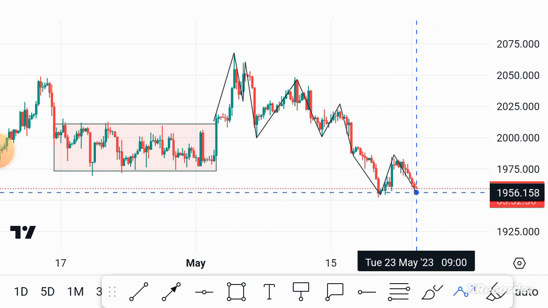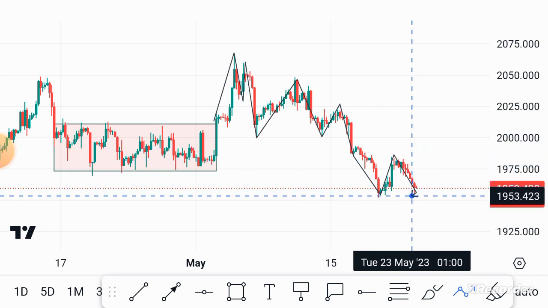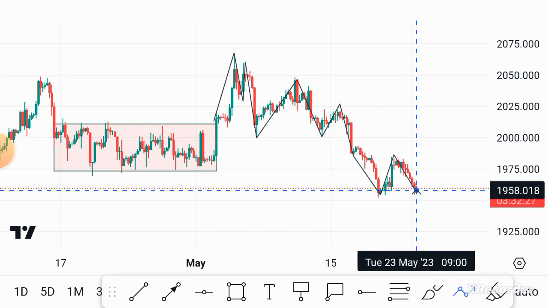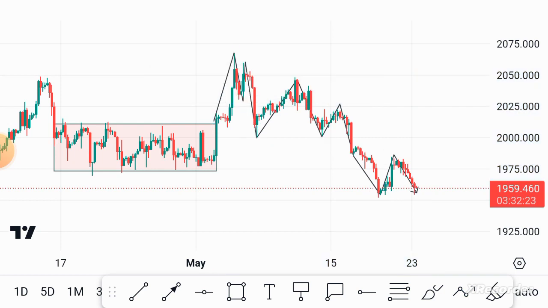So this is a typical example of how a trending market looks like. And like I usually say, the money is in the trend. If you trade the trend, you will always get it right.